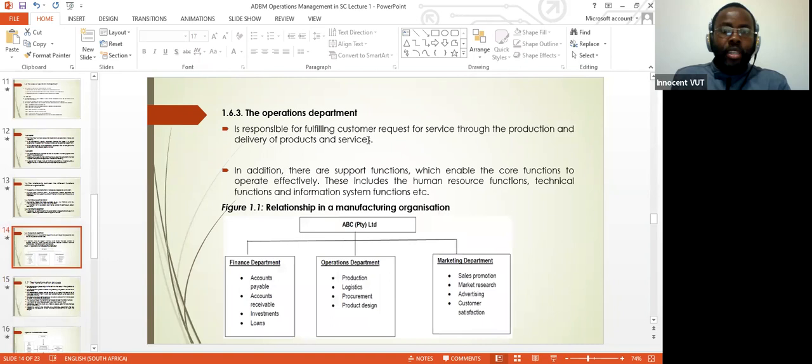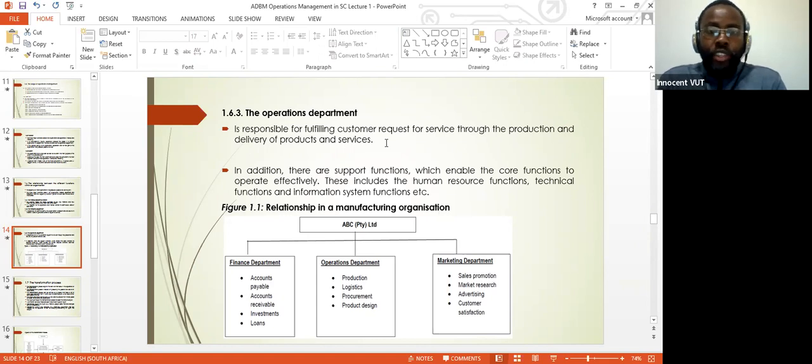And then the operations department, these are the three major departments. It is responsible for fulfilling customer requests for service through the production and the delivery of products and services. Right, so these are the three major functions in the organization.